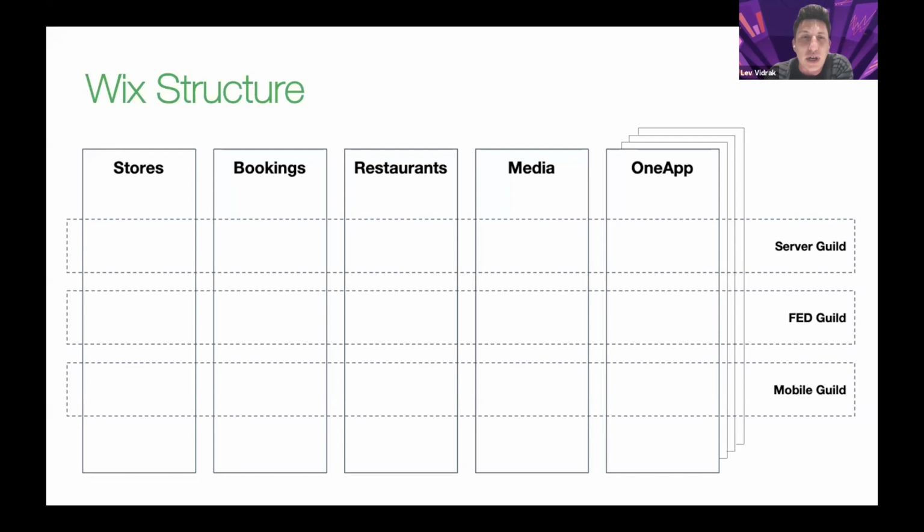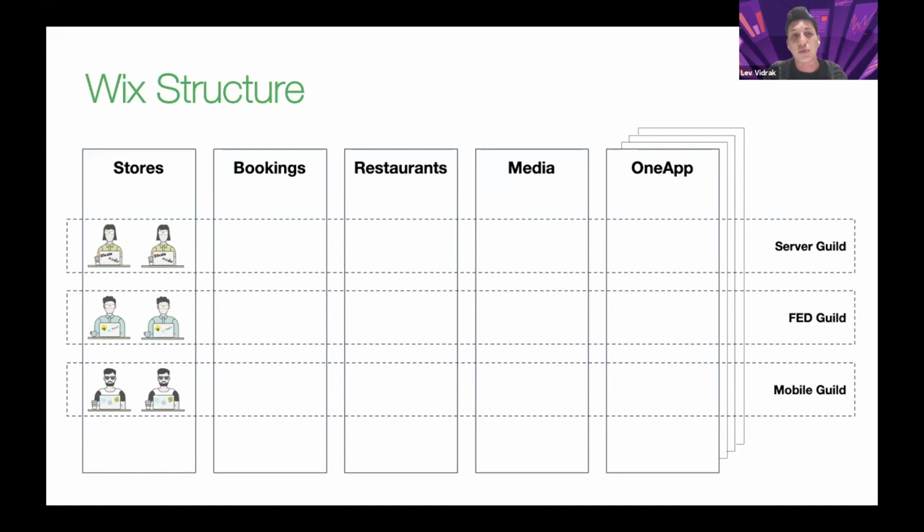A bit about Wix structure. Wix is a big company. As I said, we have 100 developers working on the same app, which is not an easy task. And how it works: Wix as a company is split into some kind of mini companies, and each mini company focuses on a specific set of features.